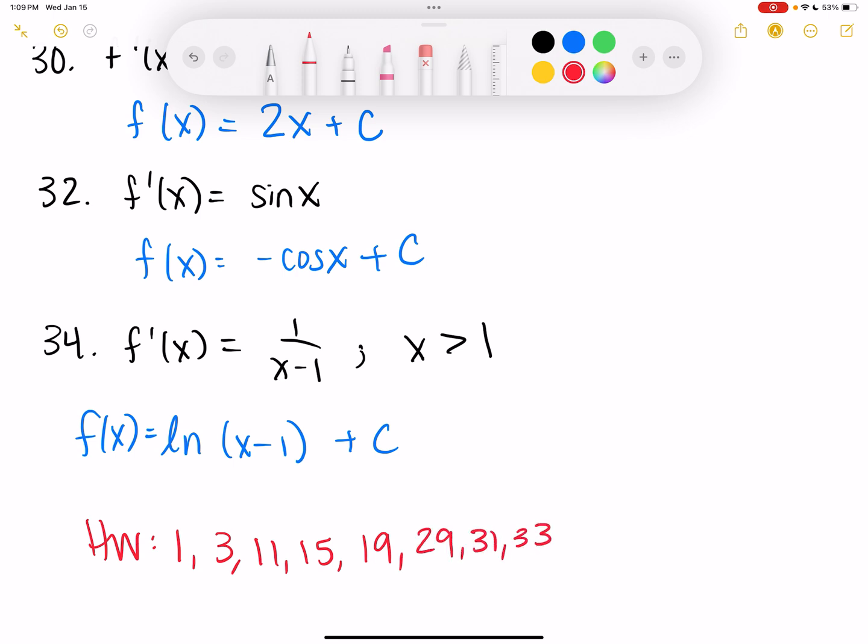So 15 and 19 are the ones where you need to take the first derivative, take the second derivative, find your critical points, find your mins and maxes, and then find your increasing and decreasing intervals.